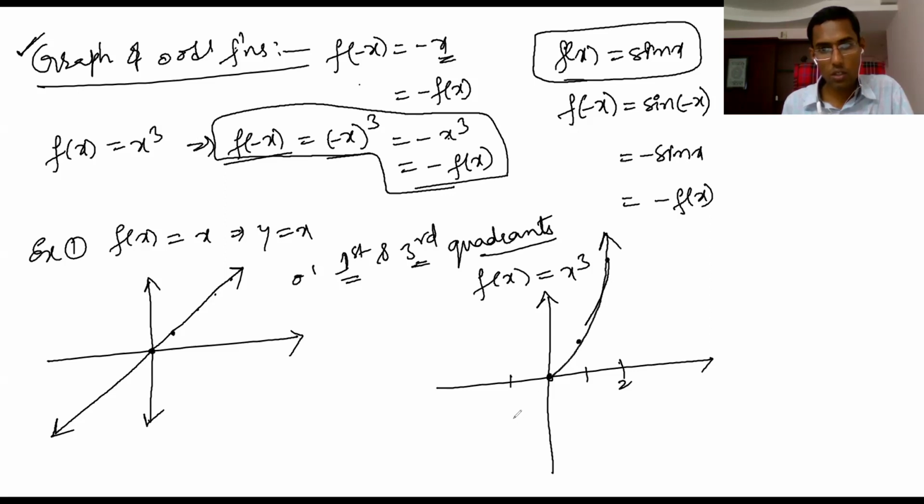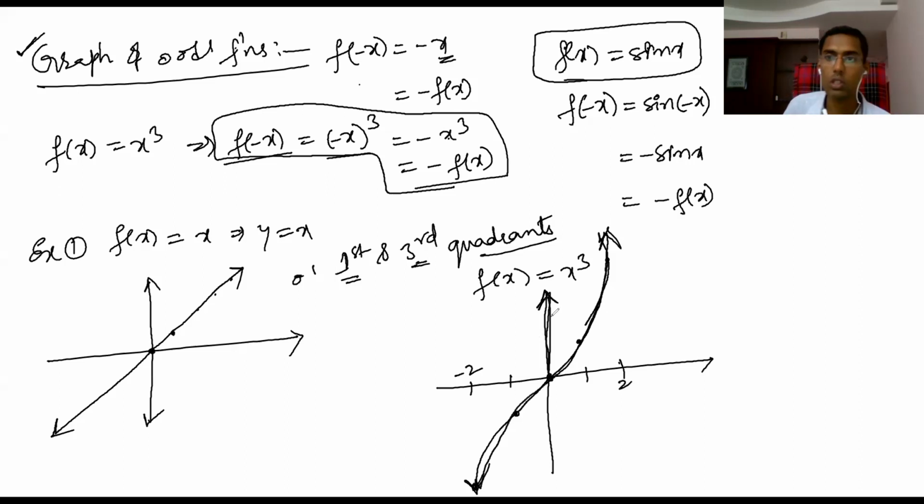And minus 1 gives minus 1, minus 2 gives minus 8, and it will come like this. So again, it comes in the first and third quadrants. That much we can say.